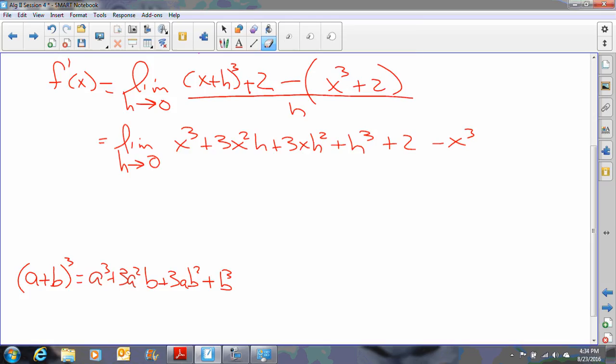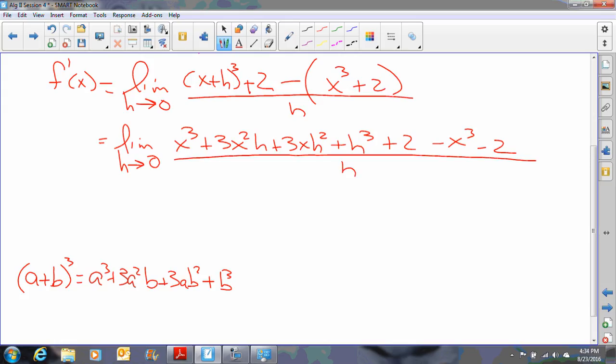Distribute that minus sign, all over h. Now, if you look at this a little bit, x cubed minus x cubed is 0. 2 minus 2 is 0.